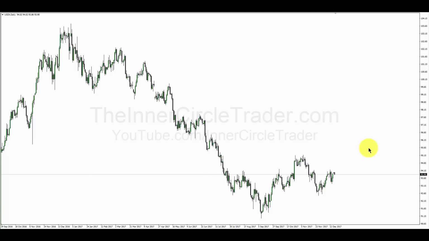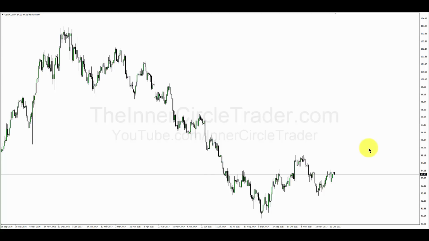But the main thing I want you to take away from this presentation is, even though you're not looking at lower time frames and you're not scalping or day trading, those same price action concepts still apply because price is fractal.